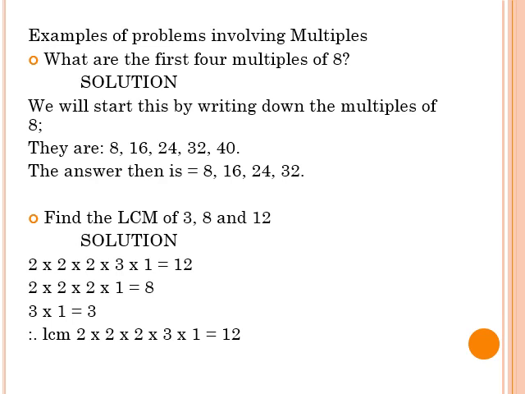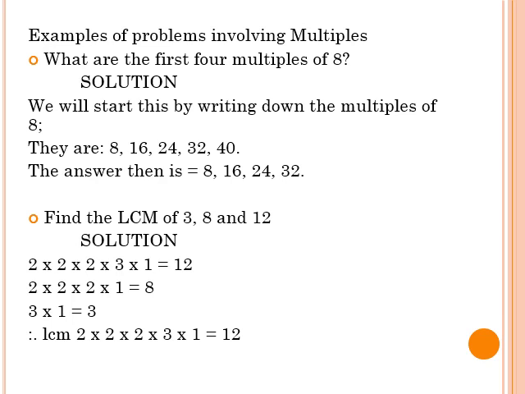So, the common factors between 8, 12, and 3 are what? 1, 3, and 2. Okay? Now, 12 as a product of its common factors with 8 is what? 2 times 2 times 2 times 3 times 1. Okay?